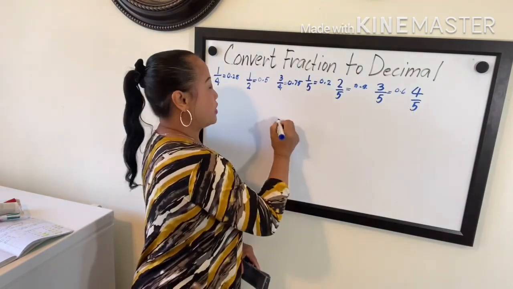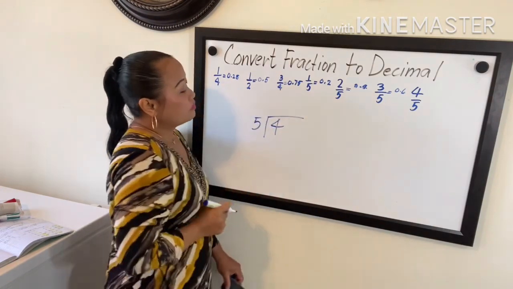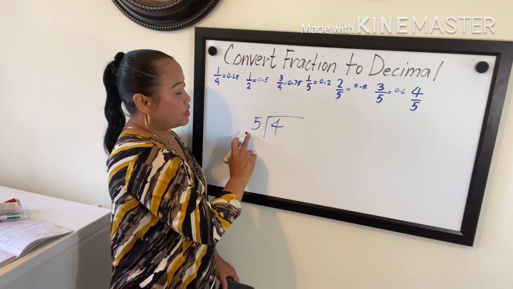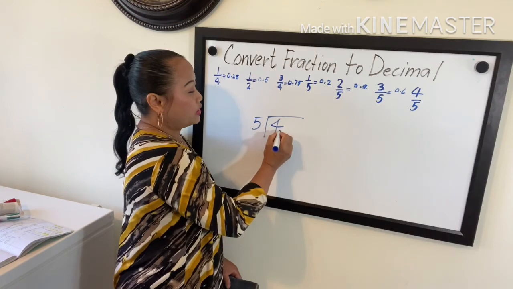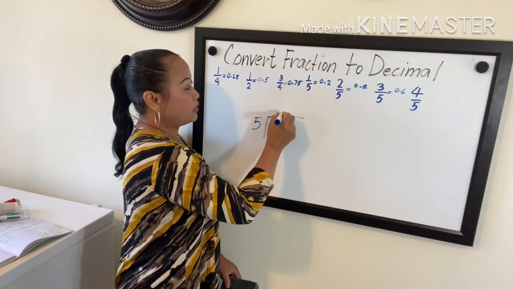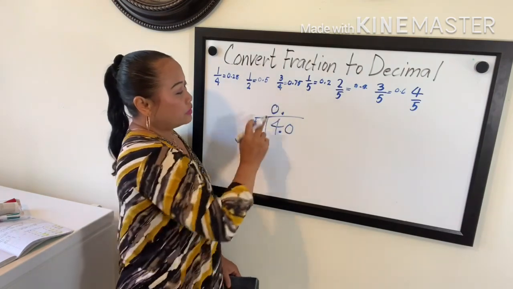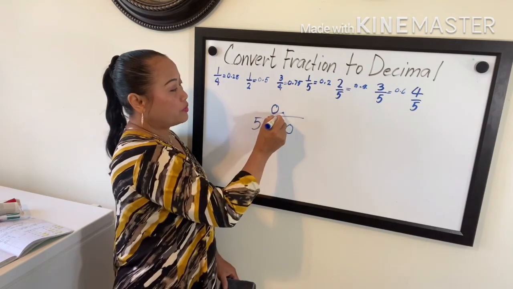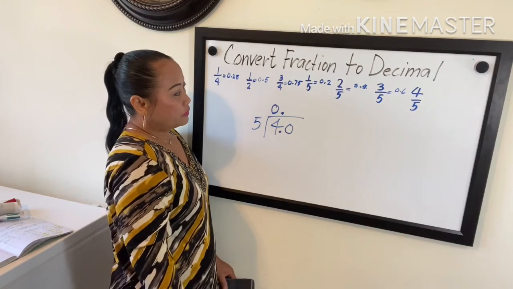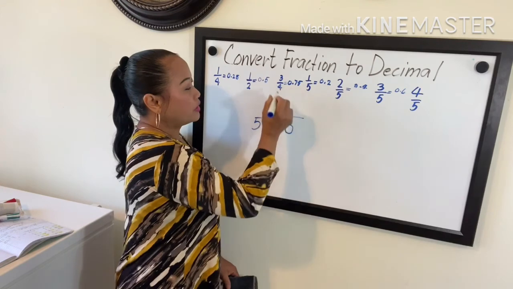4/5. Let's solve that problem. So 4 divided by 5 cannot be. So we have to add a decimal and 0, and this decimal goes straight up in the quotient, and you will put 0 before the decimal. 0 and then decimal.